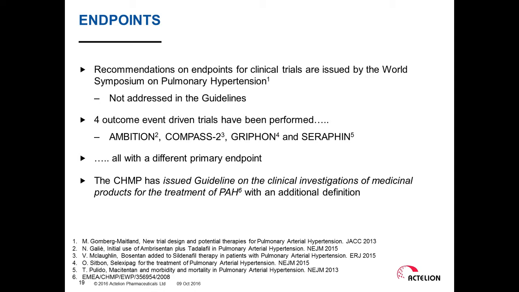If we look today, we have 4 outcome studies that have been performed in PH: Ambition, Compass 2, Griffon, and Seraphine. 3 of these 4 studies are coming from Actelion, and we are very proud that in these 3 studies we have used 3 different primary endpoints. So we are not really setting the standard here. And in addition, the CHMP has its own definition of a morbidity mortality endpoint.